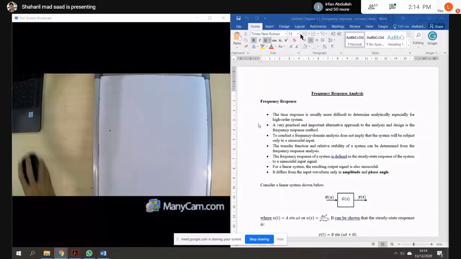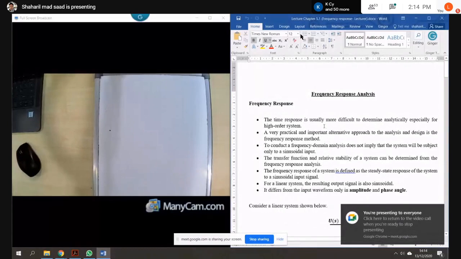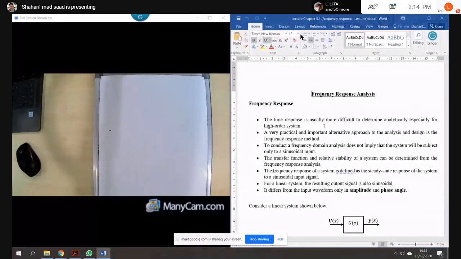Why we go to this method is because the time response is usually more difficult to determine analytically, especially for higher order systems. If we have a 3rd order, 4th order, or 5th order, it is quite difficult if we want to draw in terms of time response.